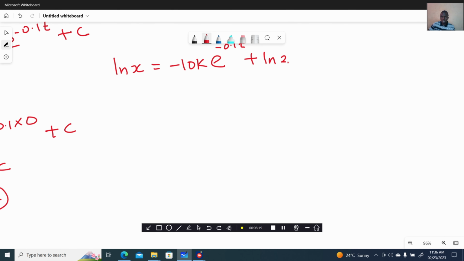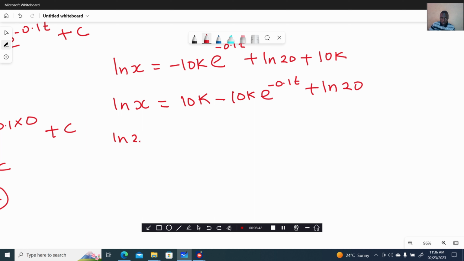We can group the k's together, so that ln x equals 10k minus 10k e to the power of negative 0.1 t, plus ln 20. Then we can factor out 10k: 10k times 1, minus 10k times e to the power of negative 0.1 t, so ln x equals 10k times (1 minus e to the power of negative 0.1 t), then plus ln 20.